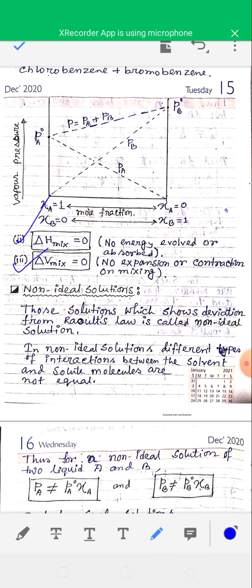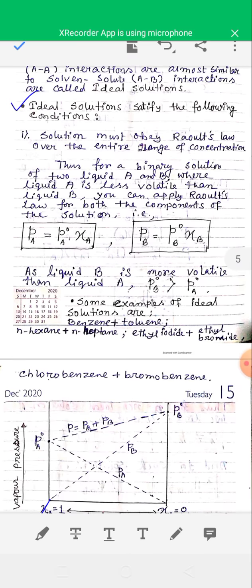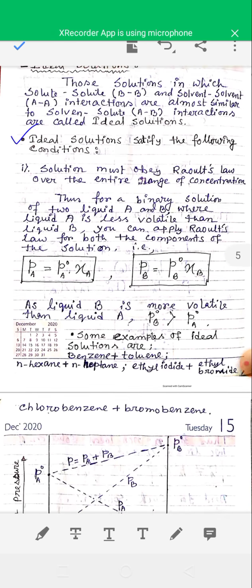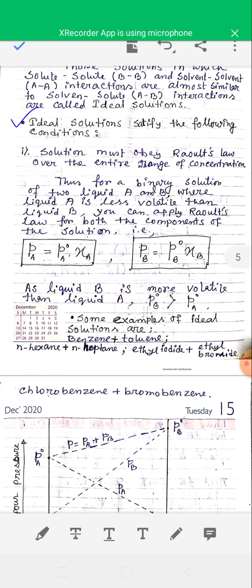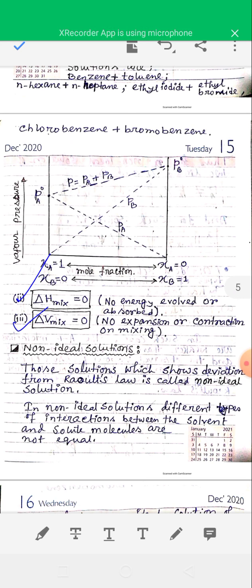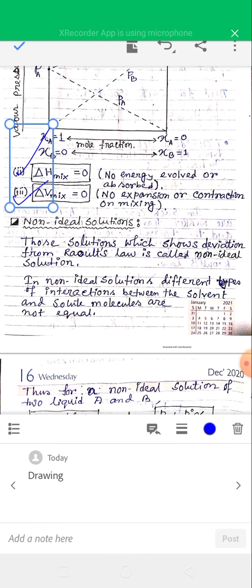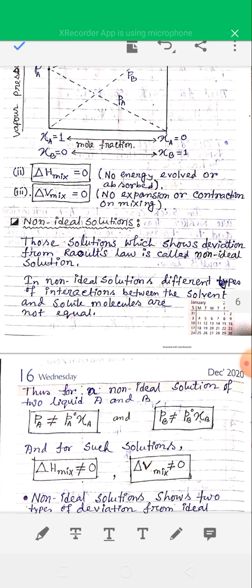So these are some conditions for ideal solution. Ideal solution always obeys Raoult's law, that is, for each component of ideal solution you can apply Raoult's law. And you have to remember some examples of ideal solution also.